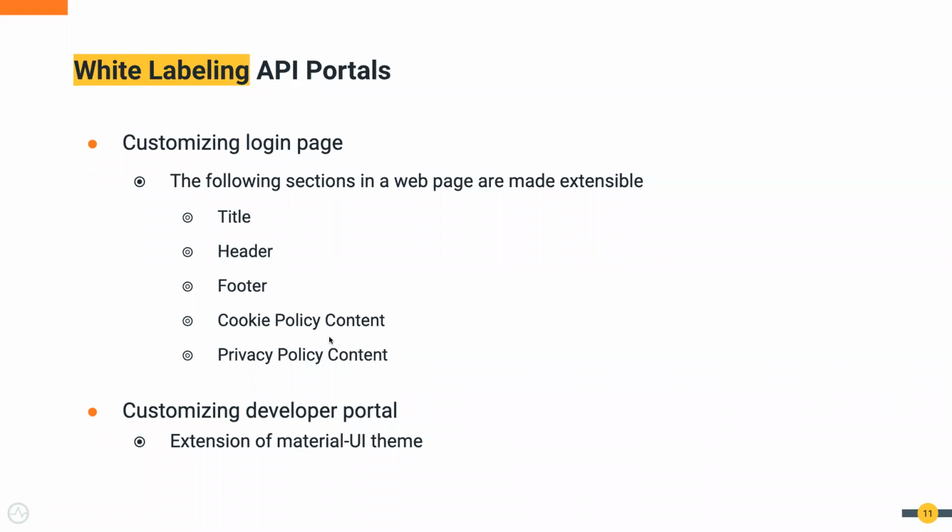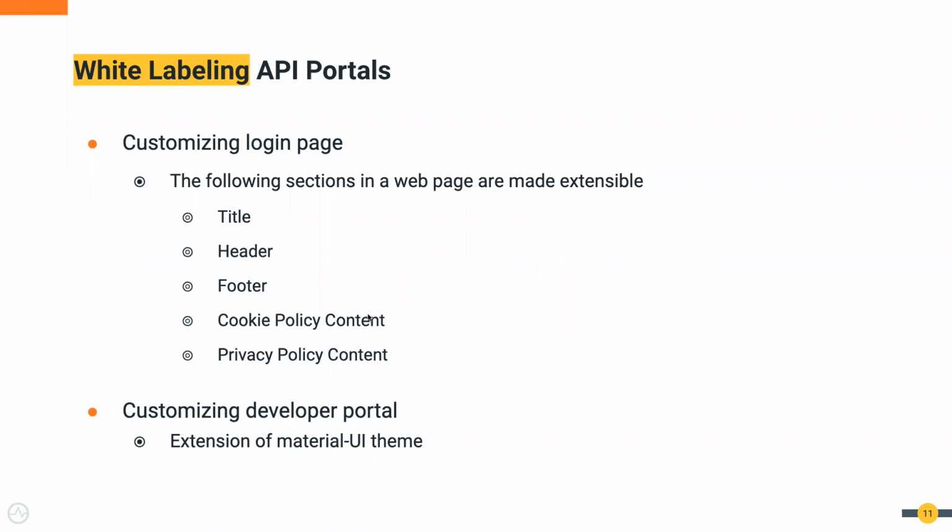Developer portal customization is the one that is using the Webpack external feature and the JSON structure for the theme. The customization of the login page is provided through extension points for the JSP files. We have the following extension points for the page: you can extend the title, header, footer, cookie policy content and privacy policy content.